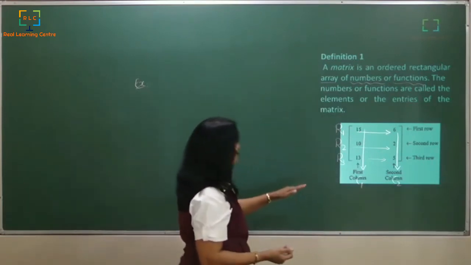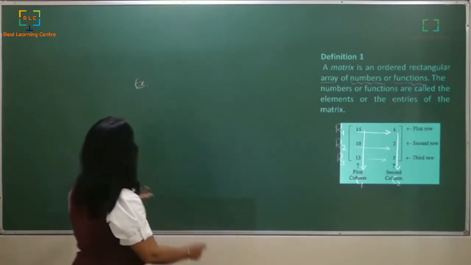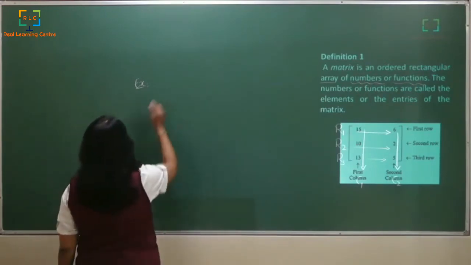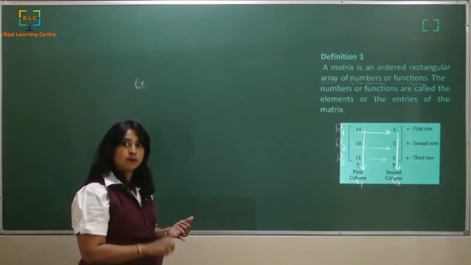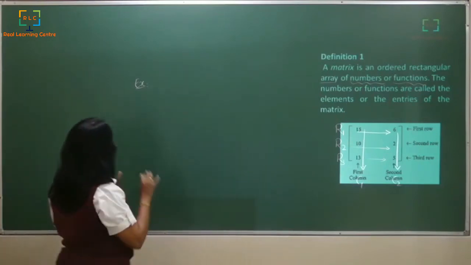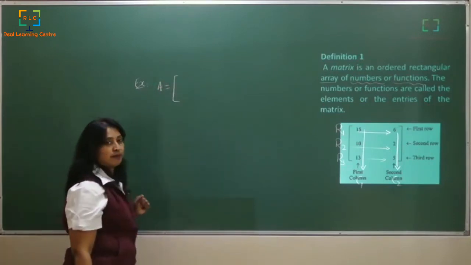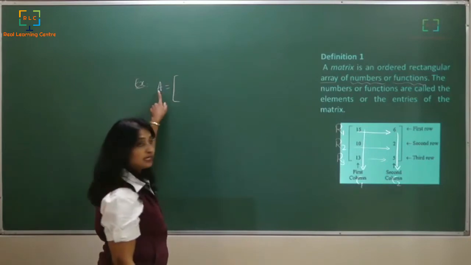Now before going into that, let me give you an example where we use different kinds of functions. The elements may be trigonometric functions, complex numbers, or irrational functions also. So those elements can be anything. For example, A is equal to, and a matrix is always represented by capital alphabets.